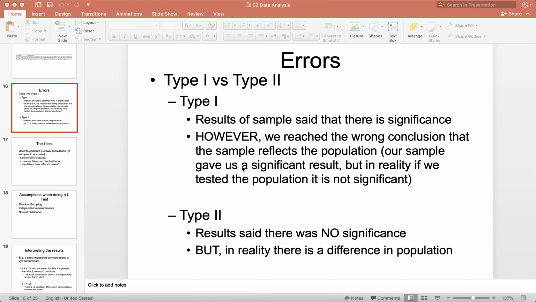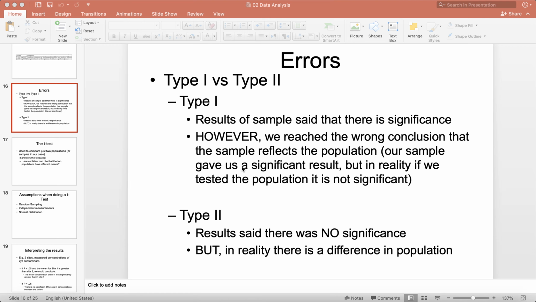So what we're trying to do is minimize type 2 error by making sure we have the right power for the study. How do we do power? Well, we have to make sure we have enough of a sample size that will be significant or correct for the statistical test that we're going to do.